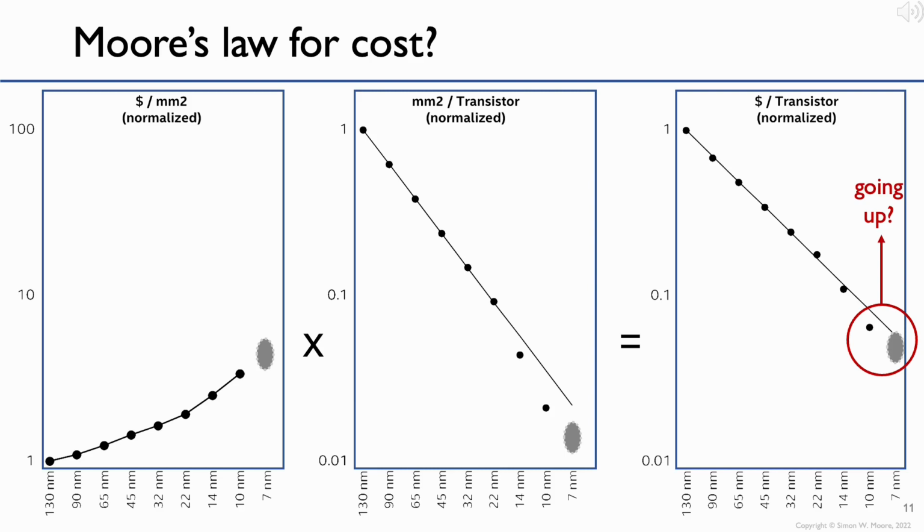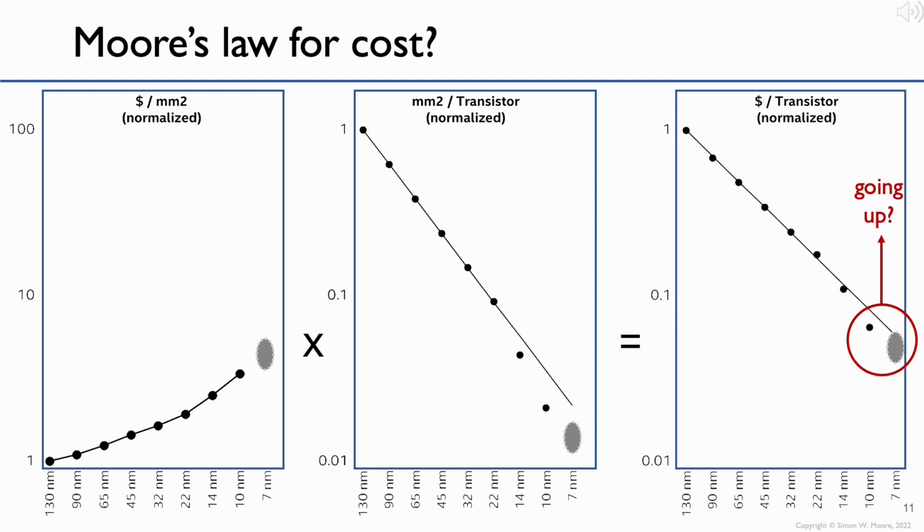However, the costs are starting to go up again, and actually we're starting to see a bifurcation in the industry. It used to be the case you always wanted the latest generation of silicon because the transistors were lower power, higher performance, and cheaper.